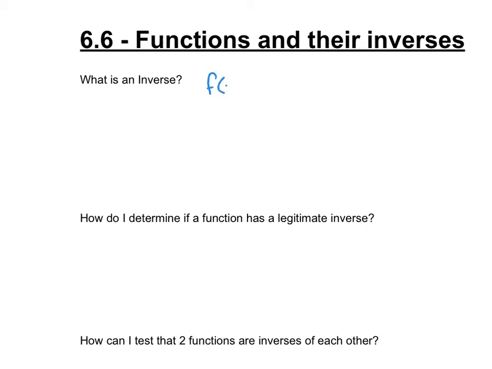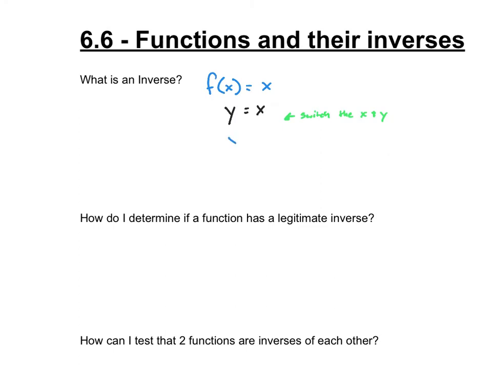So take a function f of x equal to x. Let's say it's just a basic thing. Essentially what we do for inverses is we first think of f of x as just your y, right? So we think of that first. And then the next step is we switch the x and y.